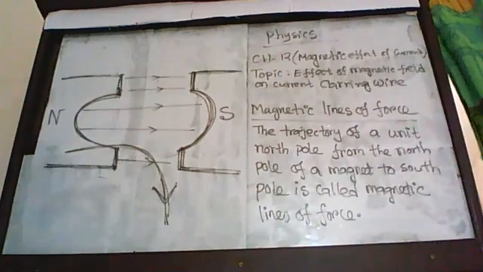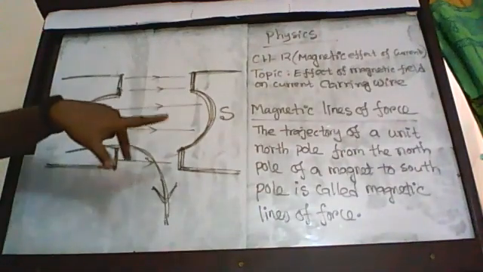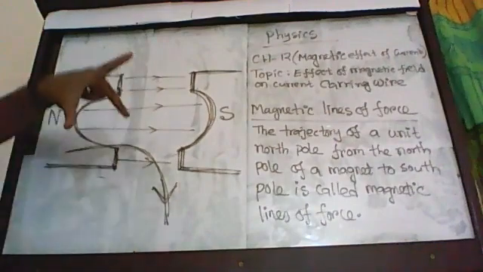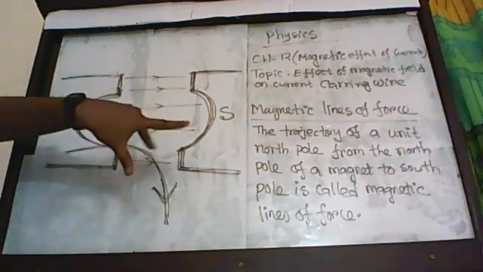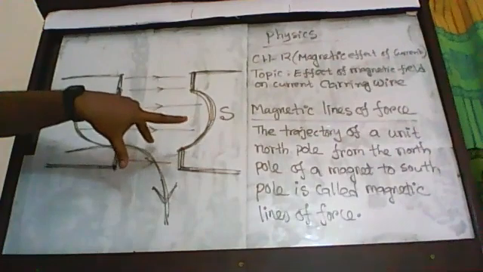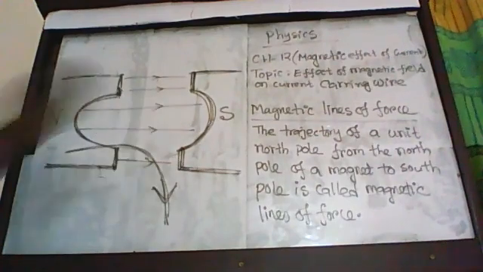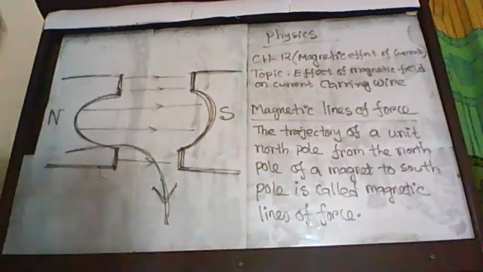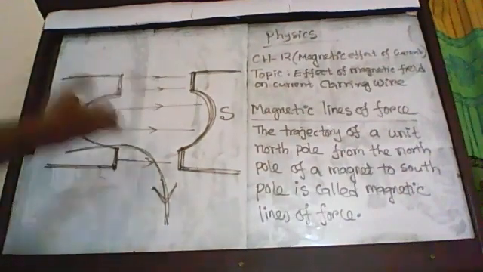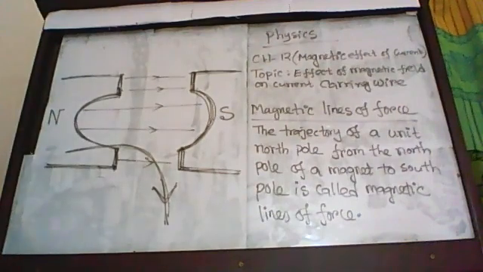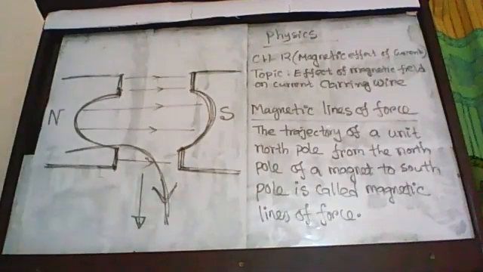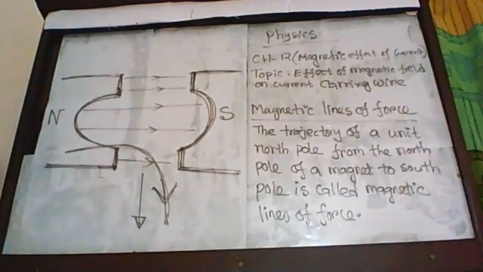Because of Fleming's left hand rule, my thumb indicates that this current carrying wire goes in downward direction. So because of electromagnetic force, it goes in downward direction.